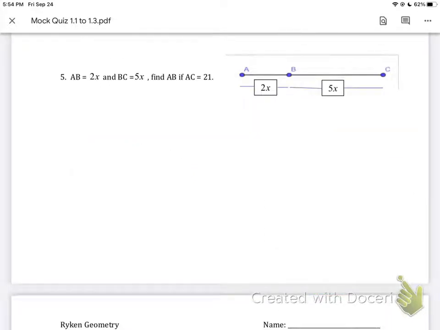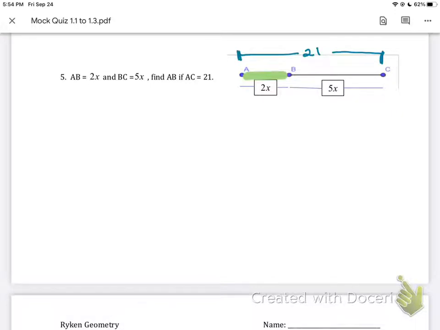Okay, here we are using the same concepts of the ruler postulate, and we're saying I would like to figure out what the length of AB is. So this is what I'm looking for. I'm looking for AB right here, but they also tell us something very important. They tell us that AC, so from here to here, is 21.